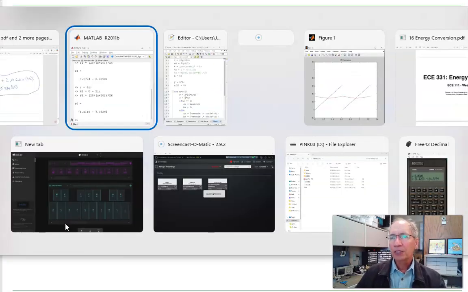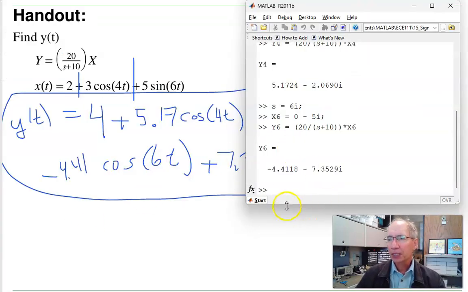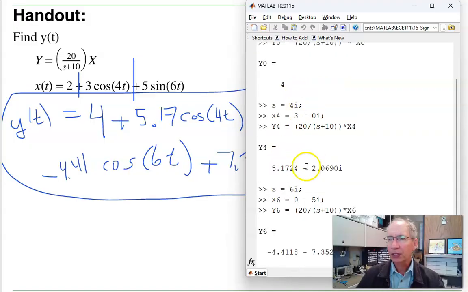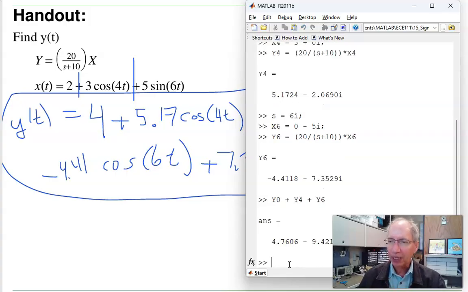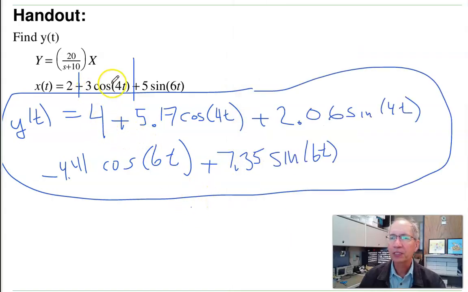Note a mistake that students oftentimes make is they'll take these 3 answers, I've got y0, y4, y6, and add them. If I do that, y0 plus y4 plus y6, I get a complex number. That number is complete nonsense. Why it's nonsense is these are 3 separate frequencies.